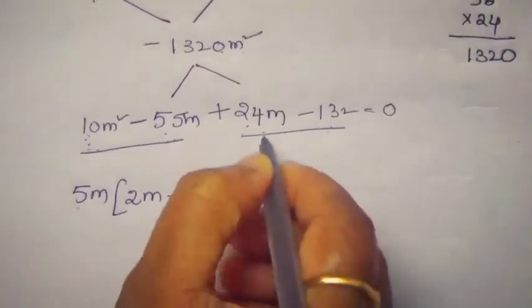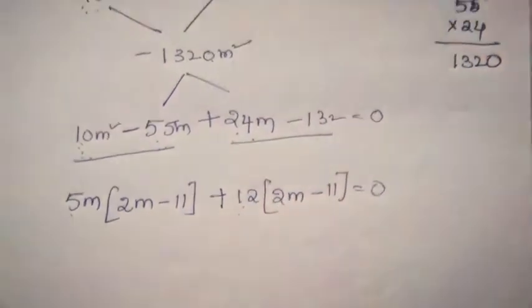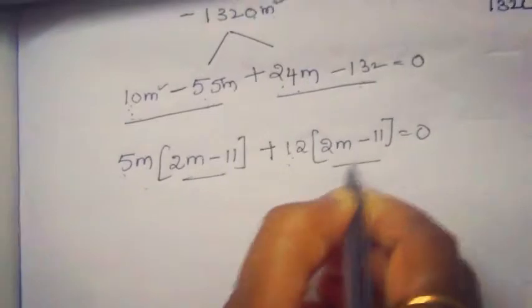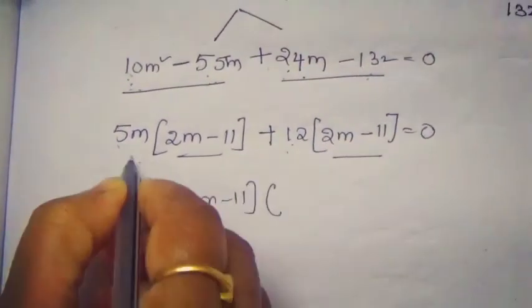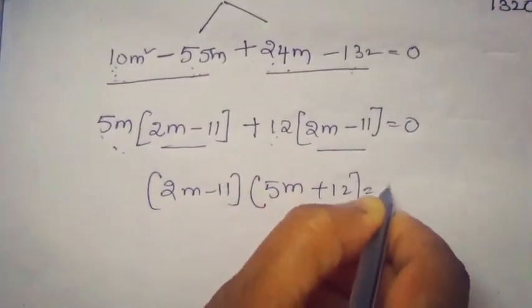So 2m minus 11 is equal to 0. Here these two are common, 2m minus 11 is common in both, and here it remained 5m plus 12 is equal to 0.